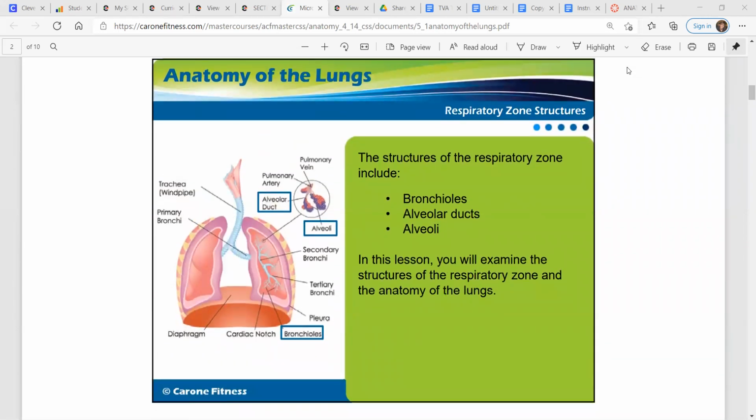The structures of the respiratory zone include bronchioles, alveolar ducts, alveoli. In this lesson, you will examine the structures of the respiratory zone and the anatomy of the lungs.